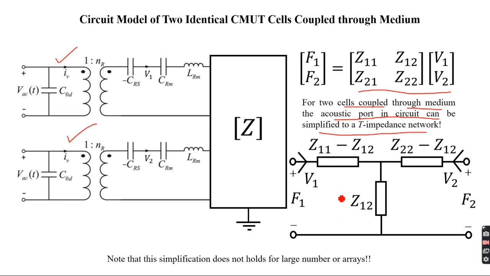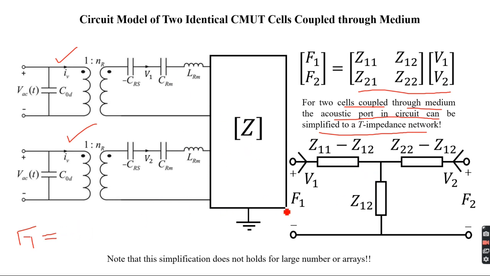For two cells you can do it like this, because if you're working in circuit software like LTspice or PSpice, for two cells it's simple. You can reduce it to a T impedance network between the two port networks and terminate their acoustic ports as such.